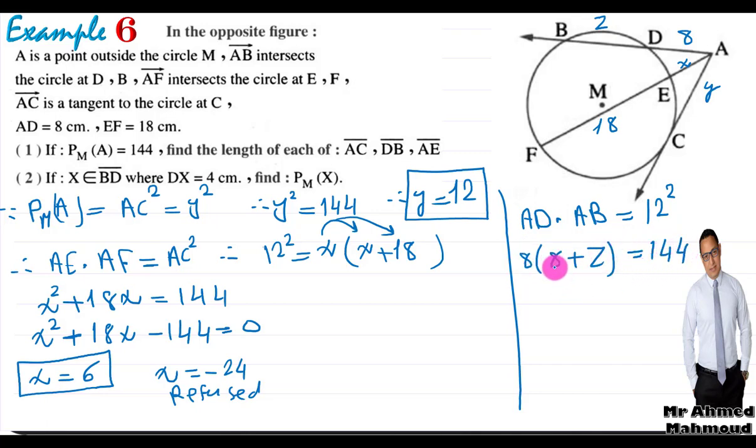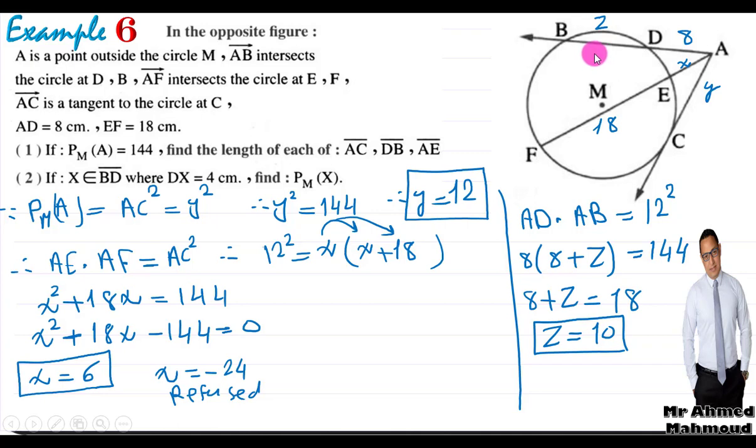I'm going to send 8 there, divided, so 8 plus Z equals 144 divided by 8, which equals 18. By sending 8 to the other side, Z equals 10. Now this is the first requirement. I found AC equals 12, AE equals 6, and BD equals 10.